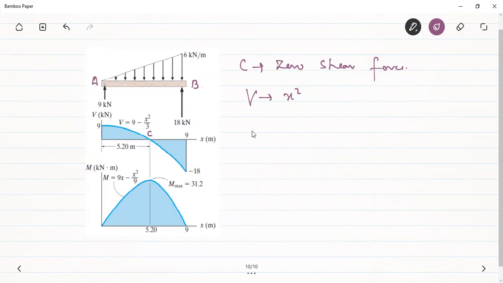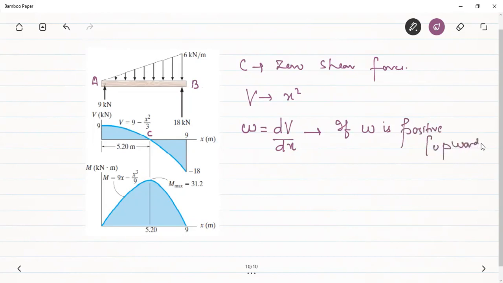There is a relation between the distributed load and the shear. I'm going to derive this relation in the next lecture.